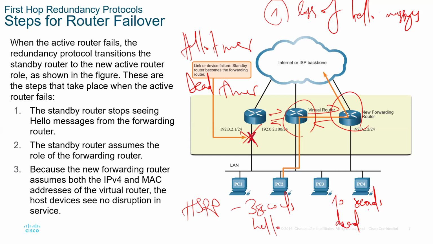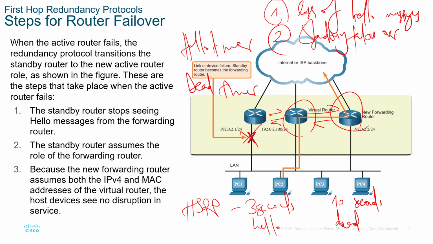Then the router failover process has to start. So point number one, we have the loss of hello messages. Then we go to number two, this is where the standby router takes over.